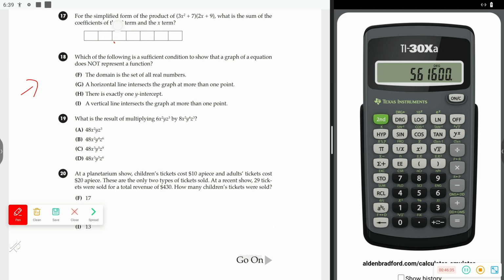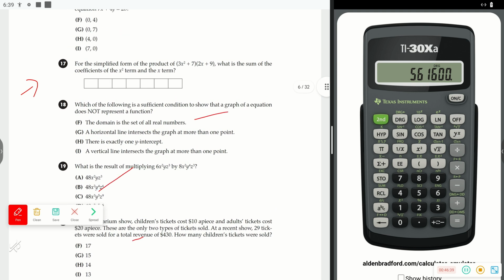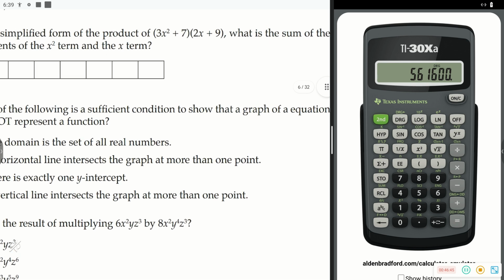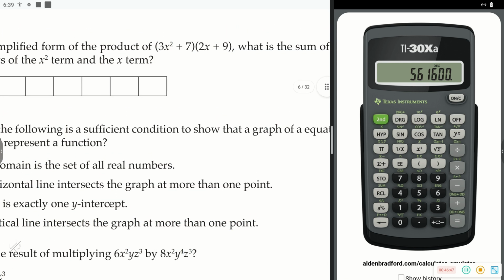But let's FOIL this out and then write our answer. I'm going to make this a little bit bigger. I think maybe I've been having stuff be a little bit too small. All right. So let's multiply this out using FOIL. So we have 3x squared times 2x, which is 6x to the third, because 3 times 2 is 6, x squared times x.